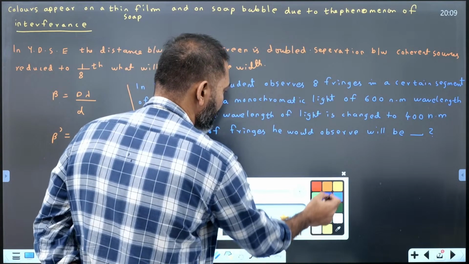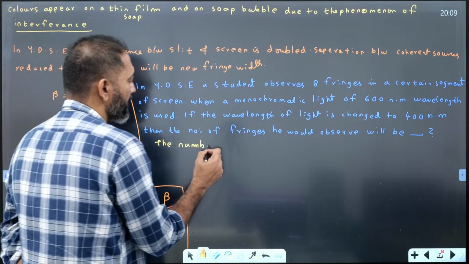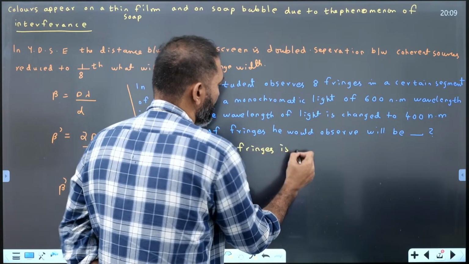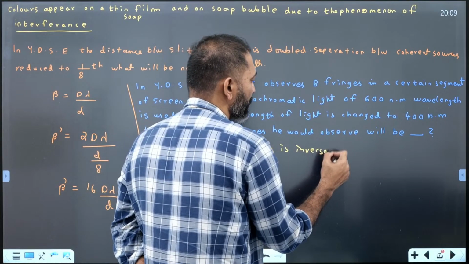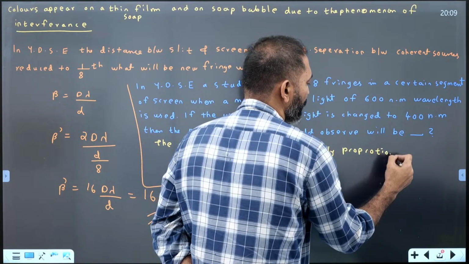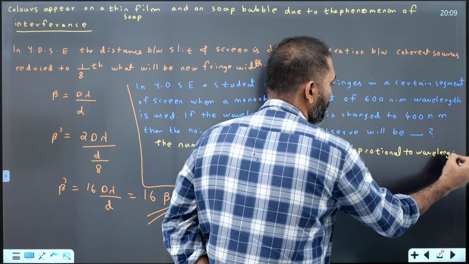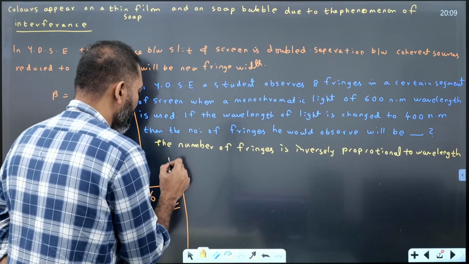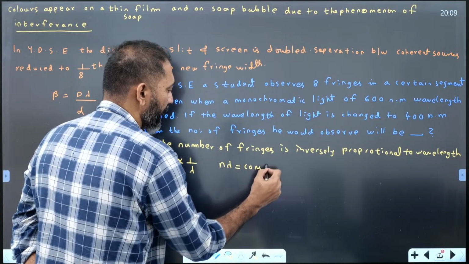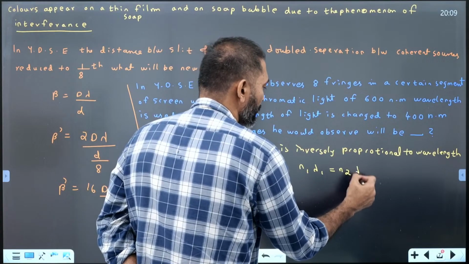Remember, here the first point is the number of fringes is inversely proportional to wavelength. That is the first point you should know. Number of fringes is inversely proportional to what? Wavelength. So n is directly proportional to 1 by lambda. That is n lambda equal to constant. That means n1 lambda 1 is equal to n2 lambda 2.